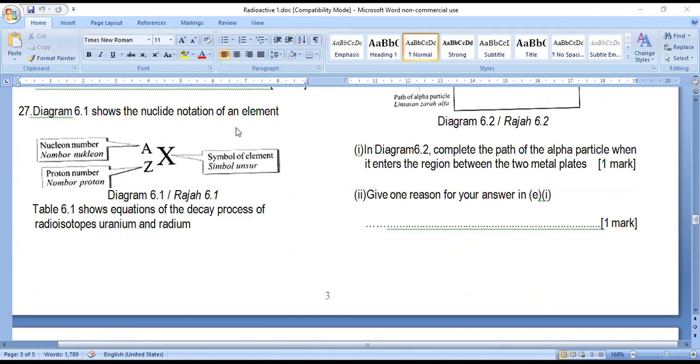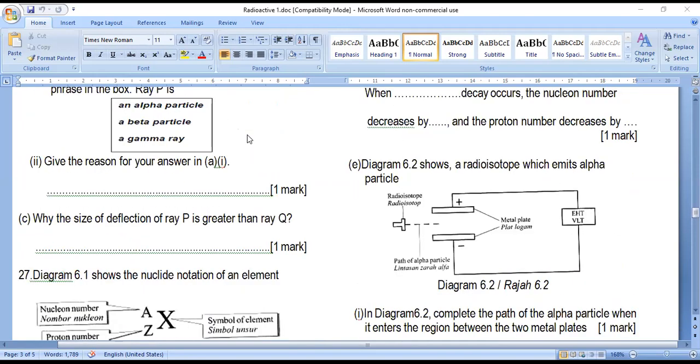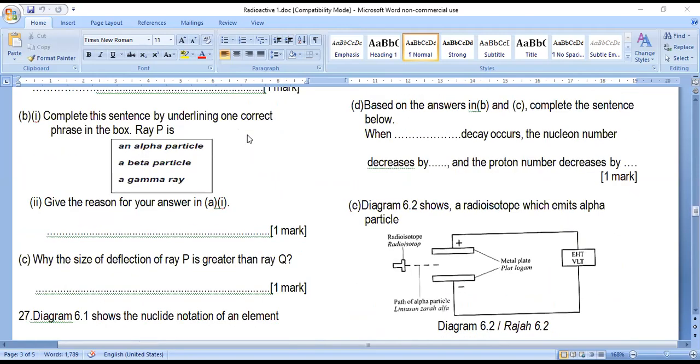Now, diagram 6.1 shows the nuclide notation of an element. Table 6.1 shows equation of the decay process. Sir, sorry sir, but for B2 they want the reason from B1 or A1? B2, yeah.